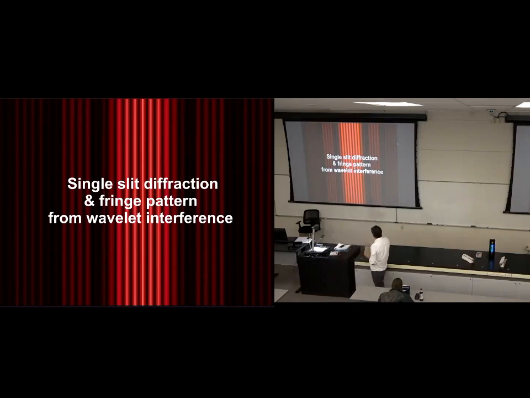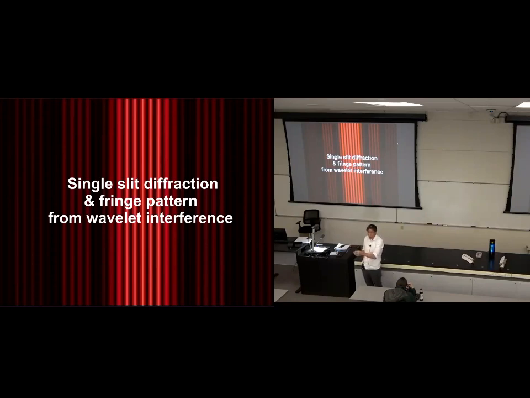I want to look at that a little bit. This picture here is a fringe pattern. So it's an arrangement of bright and dark fringes that are produced by red light being shone onto a very thin single slit.